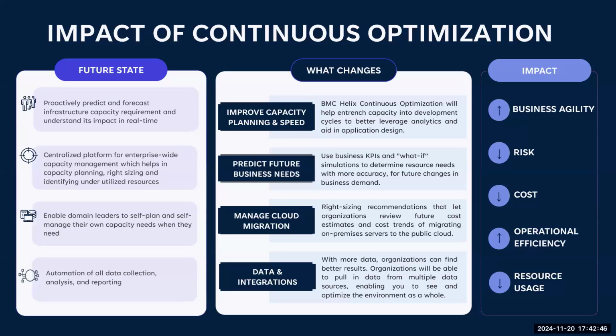So being able to understand how your applications are running and what resources they need, and then understand increases in business demand and the impact on your applications and backend infrastructure, will help you deliver seamless service to your customers without outages or slowdowns. Ultimately, this is going to help you mitigate risk, improve business agility, potentially reduce costs, and certainly improve operational efficiencies.